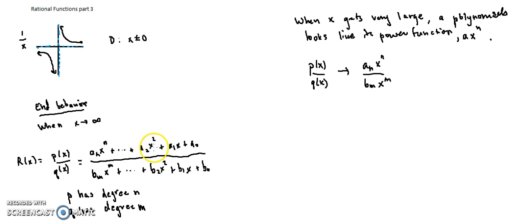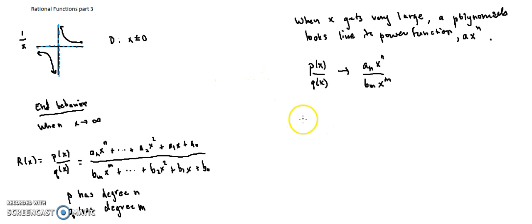The x squared, the x cubed, the constants, those don't matter as much. What really starts to affect the numbers is just the first term. So a_n x to the n for p, and b_m x to the m for q. Polynomials start to look like they're power functions, so our rational function starts to look like a_n x to the n over b_m x to the m. We're just looking at the first term.